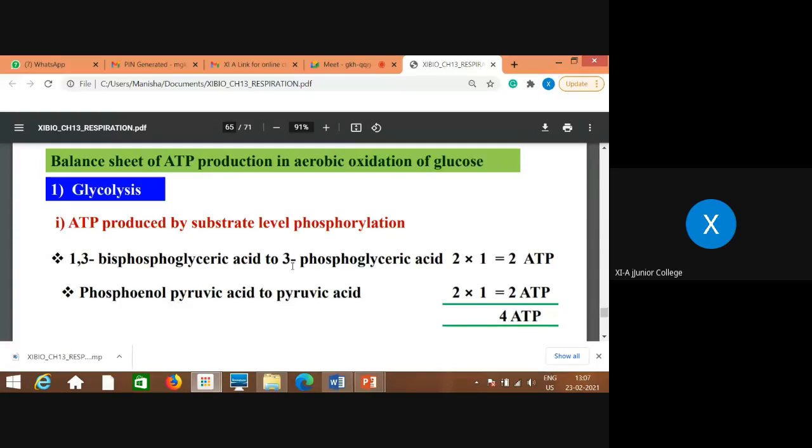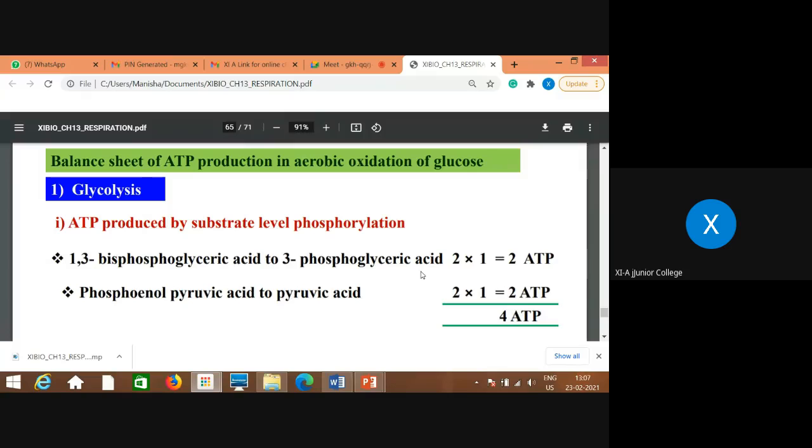Can you see the step where the first ATP is generated, that is 1,3-bisphosphoglyceric acid to 3-phosphoglyceric acid? Tell me here. ATP is generated after the splitting. Can you see this on the page of the glycolysis pathway?